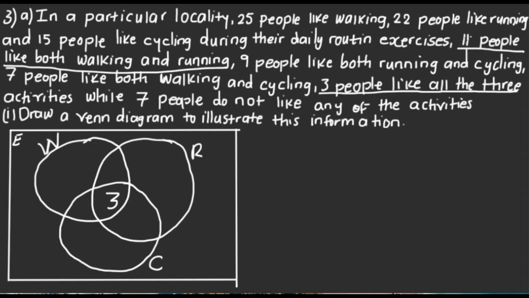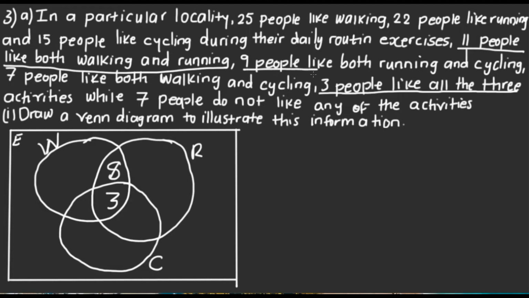So you say 11 minus 3, you put 8. Which means that out of 11, 8 did both walking and running only, then 3 did the 3. Right? Let's move on to the next one.